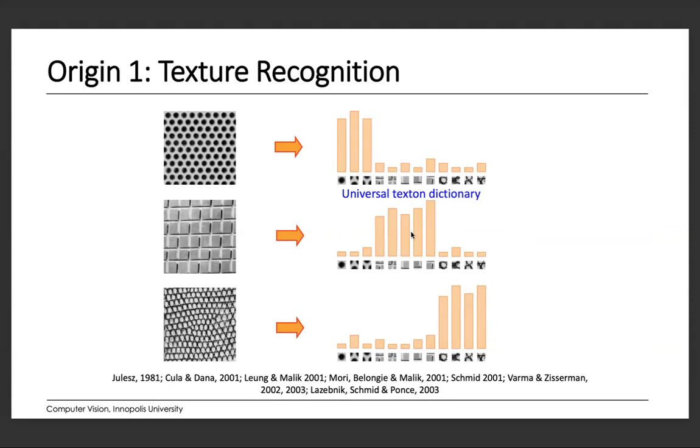So this distribution is related to, as we said, these textons or this universal texton dictionary, meaning this is a dictionary that contains all the important textons in your data set, in your training data set. And we can see that from these textons, we can clearly have linearly separable, let's hope linearly separable, probability distributions for each class.